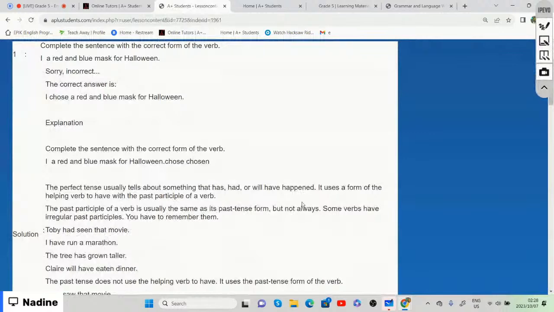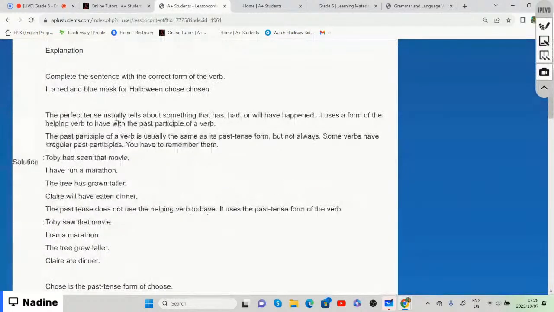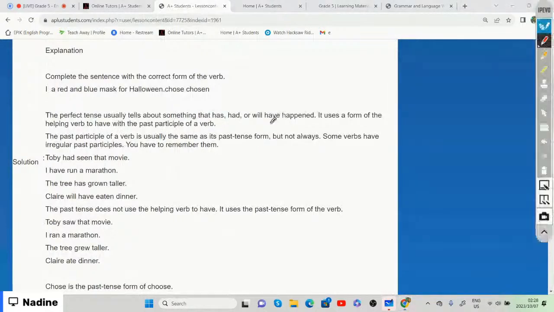The perfect tense usually tells us about something that has, had, or will have happened, in the present, past, or future tense. It uses the form of the helping verb to have with the past participle of a verb.